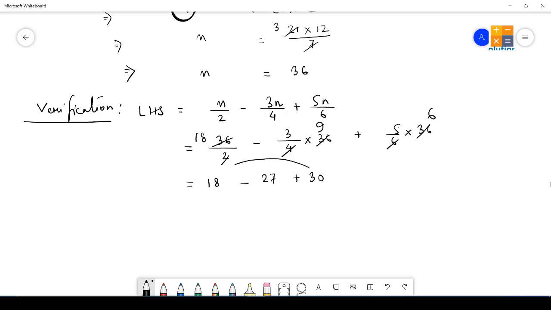Keeping the plus terms together first, what do I get? 48 minus 27, and our answer comes as 21 on the left hand side. And on the right hand side, 21 is already there. So LHS is equal to RHS, hence verified.